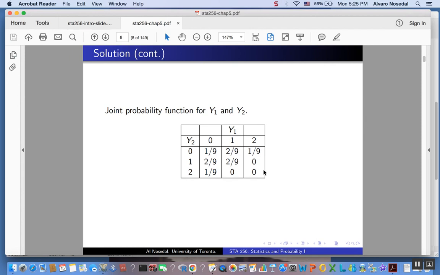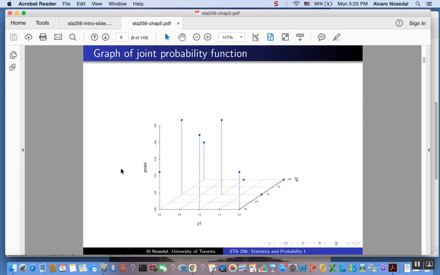I also made a graphical representation for you to see. Can you see that it's similar to a probability mass function, right?